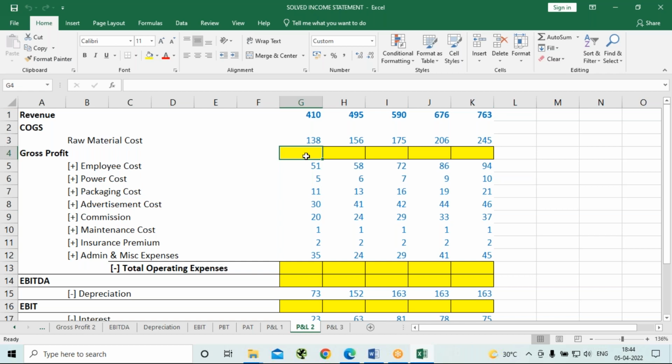How do we do the calculations? Say either it is right or wrong, it's okay.